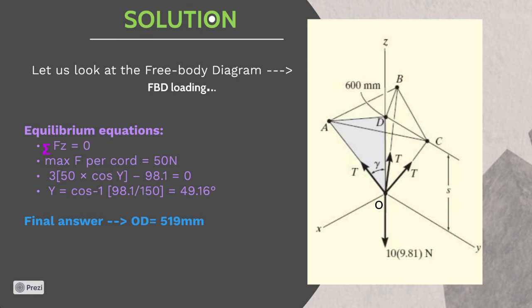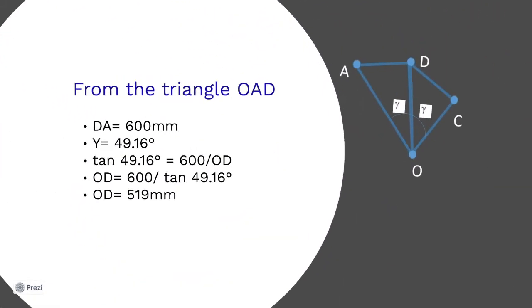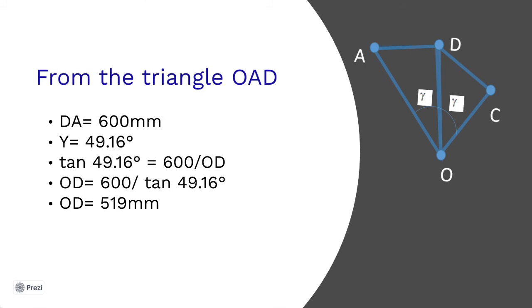After we obtain the value of gamma, now let us look back at the triangle OAD. In triangle OAD, dA is equal to 600 mm as given in the question. Gamma is equal to 49.16 degrees, which we solved right now. Therefore, tan 49.16 degrees is equal to opposite by adjacent.